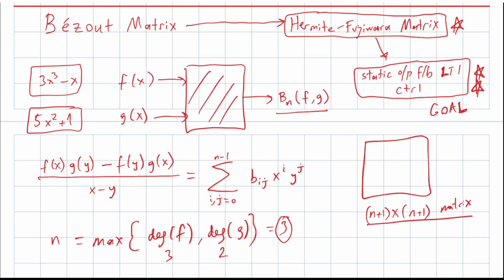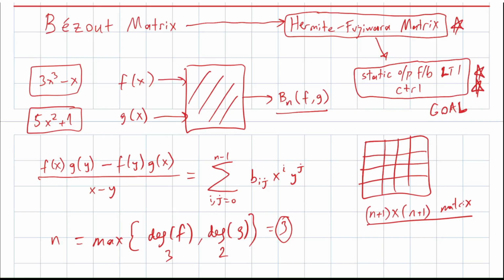Okay, and so again we have two polynomials, and the Bézout matrix corresponding to those two polynomials is a matrix populated by just constant numbers, nothing like x or y, it doesn't have that.